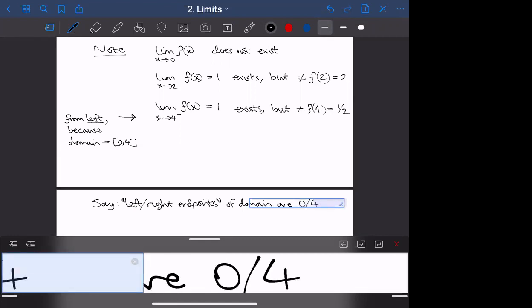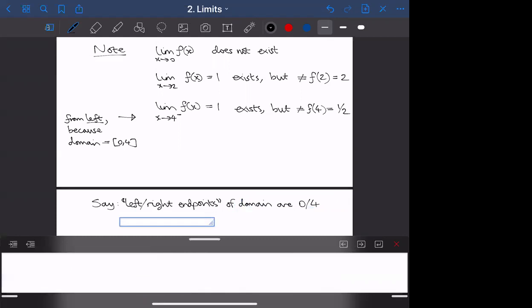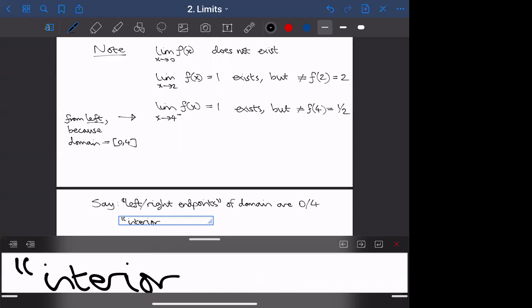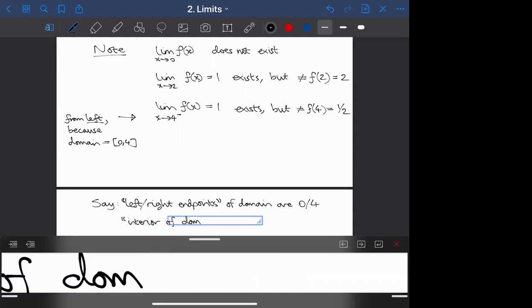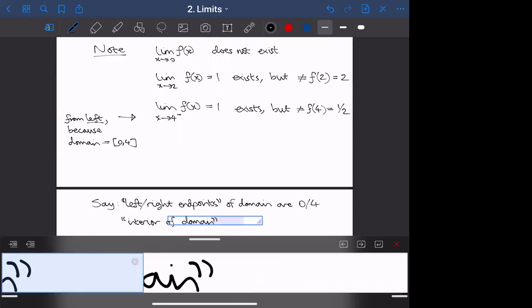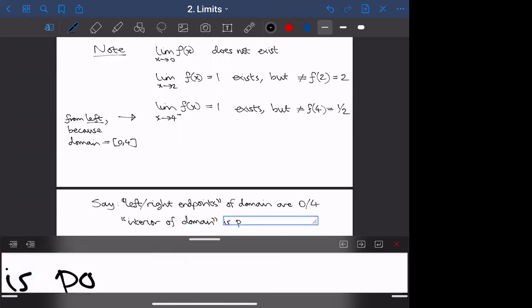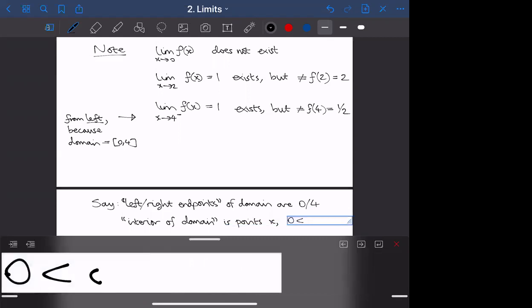Let those be 0 or 4. And let's talk about the interior of the domain. Is points x where x is strictly between 0 and 4.